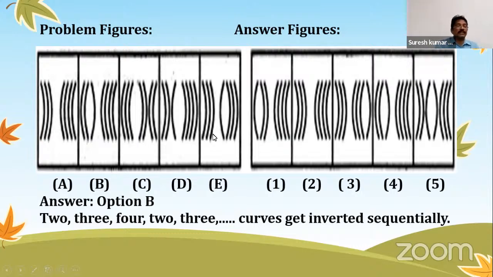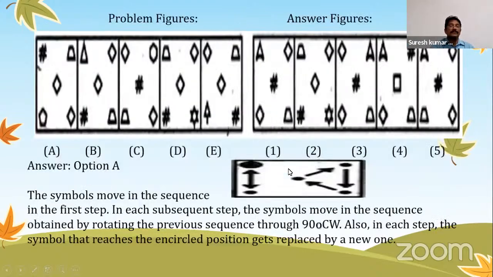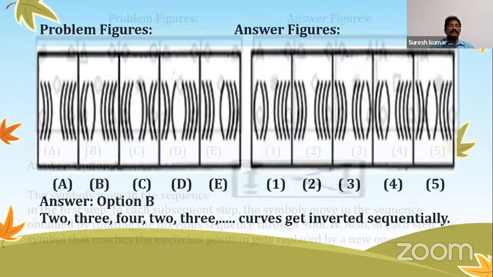So 3 2 3 4 2 3 4. This is the way you have to identify things. Is it correct? In this manner, you can identify that option B 3, these are 4. So option B is a correct answer. Okay. Now we'll see another one.